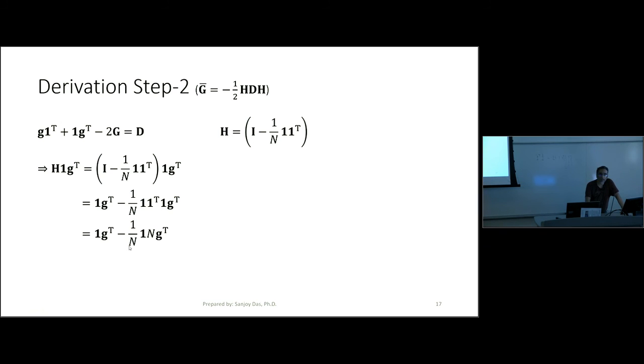N and n will cancel out. Agreed? So this gives me 1 G transpose as the second term. The first term is 1 G transpose. What do I get? A matrix of all zeros. Correct?